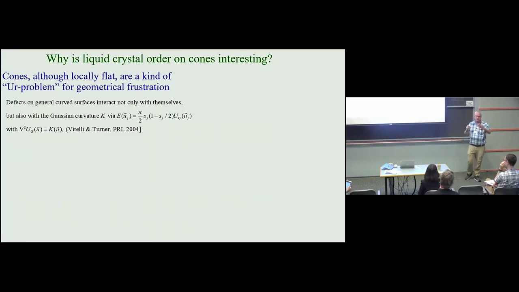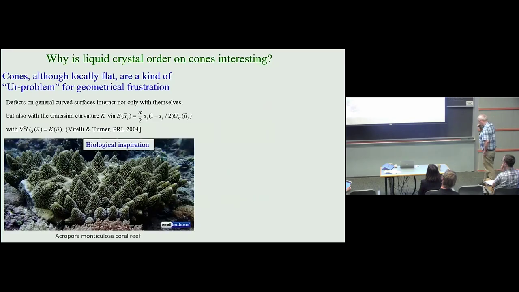On a sphere, it's spread out. It's a uniform charge. But on a cone, it's concentrated. And so by studying cones, we're studying a Green's function problem of a delta function of Gaussian curvature and asking what happens.